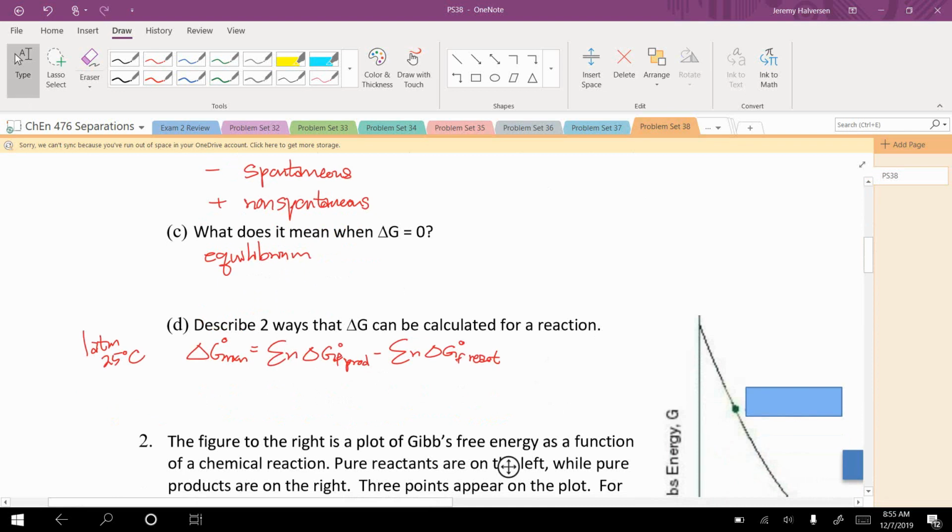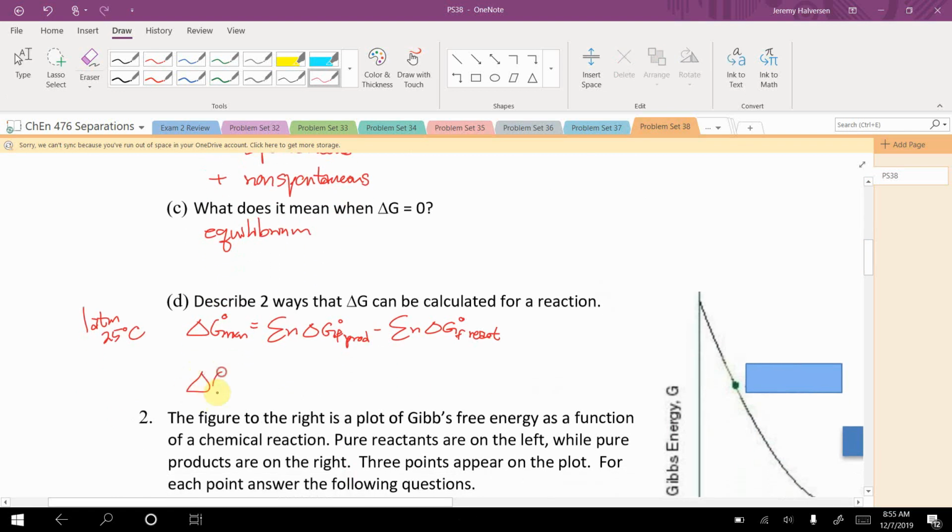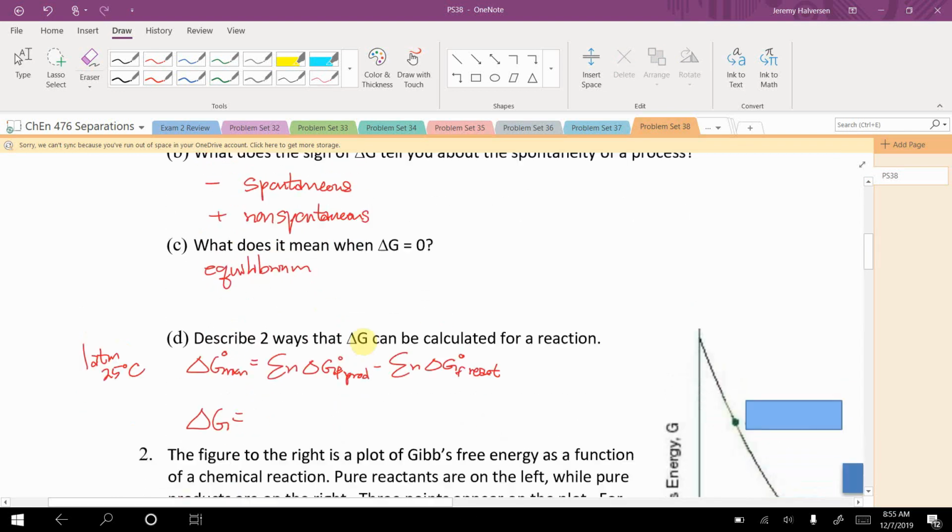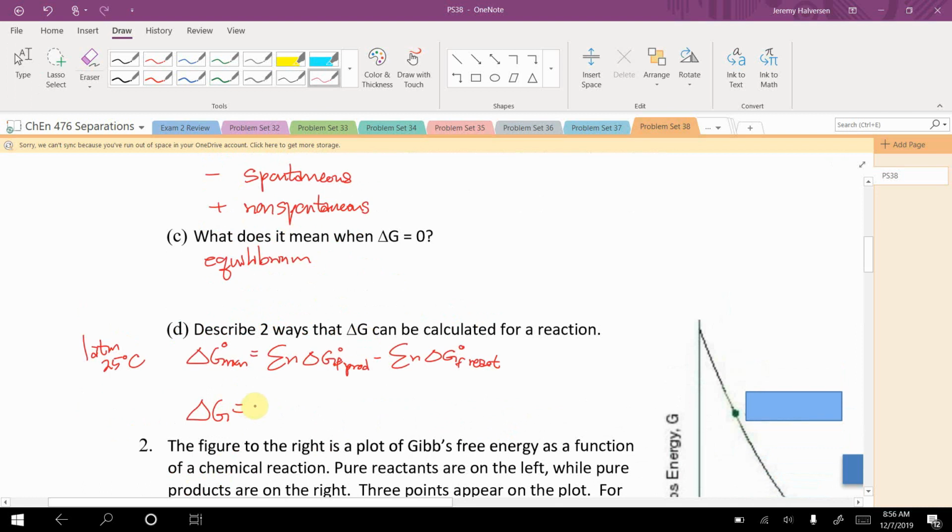The other way we can calculate delta G is from the general delta G equation, and this is just saying what I was saying before. The free energy is equal to the total change in enthalpy, the change in total energy of the system, minus this entropy term. So I have my total change in energy of the system, and then I subtract off some because of the change in entropy, which leaves the energy that's left over that you can actually do stuff with.